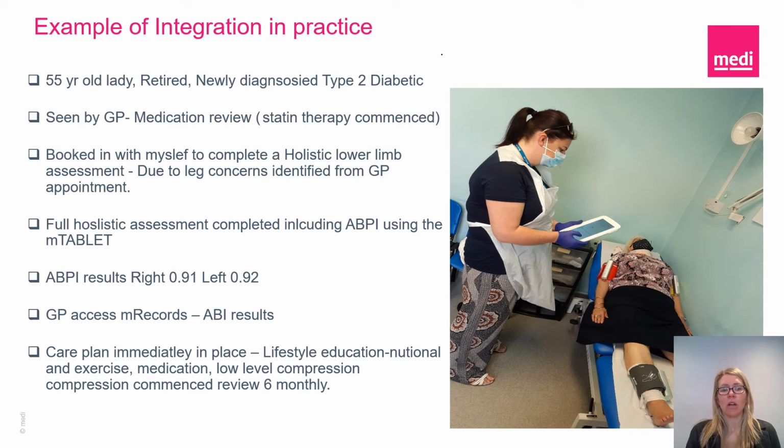This lady was also commenced on low-level compression to try and increase her vascular status, and it was decided this lady, due to her mild diagnosis, would be reviewed within the GP practice at 6 monthly intervals, depending on each outcome of the assessment.